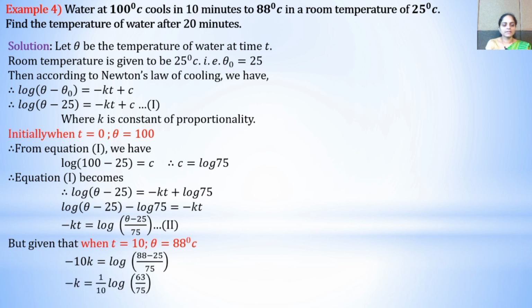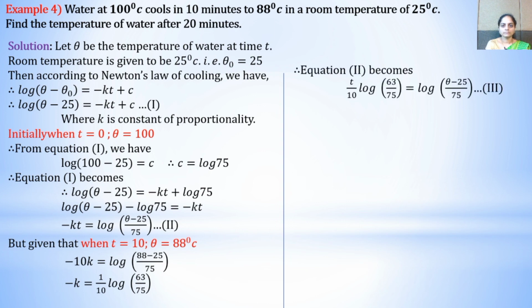Therefore, minus k is equal to 1 upon 10 into log of 63 divided by 75. Now we put the value of minus k in equation 2. So equation 2 becomes t divided by 10 into log of 63 divided by 75 equal to log of theta minus 25 divided by 75. This is our equation number 3.